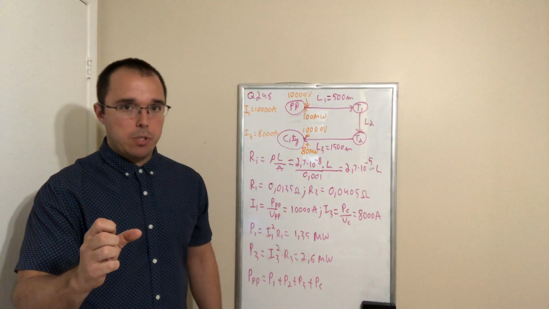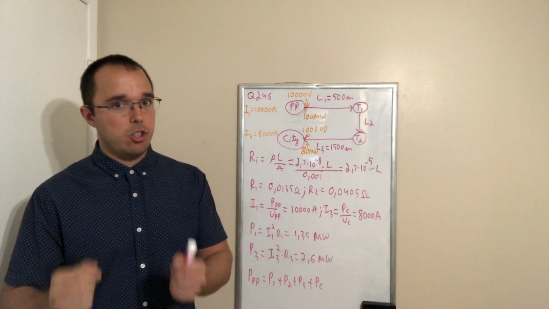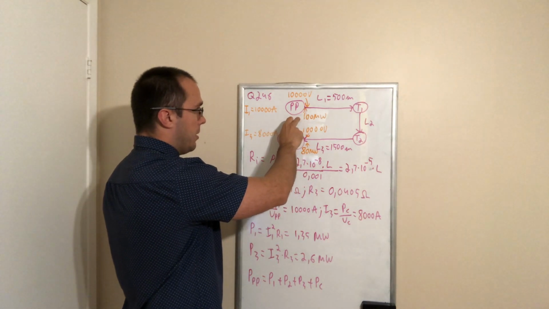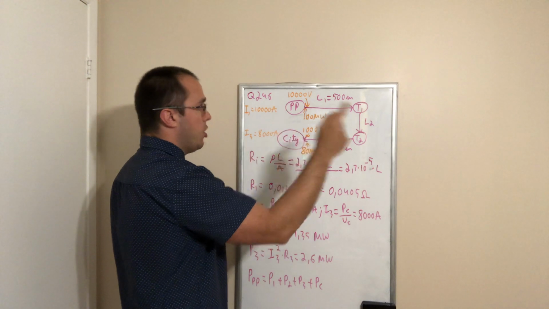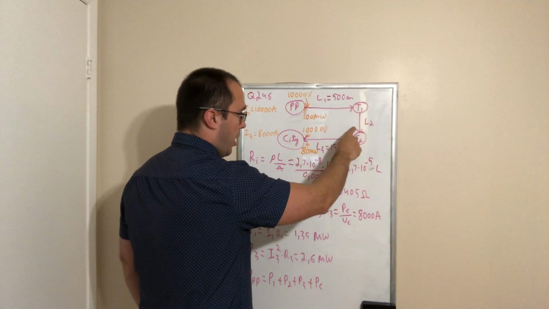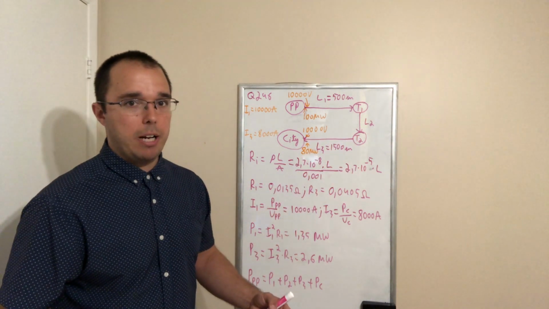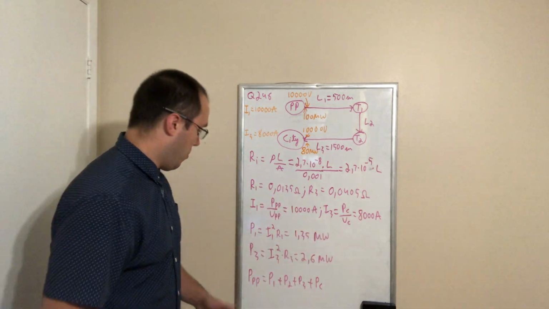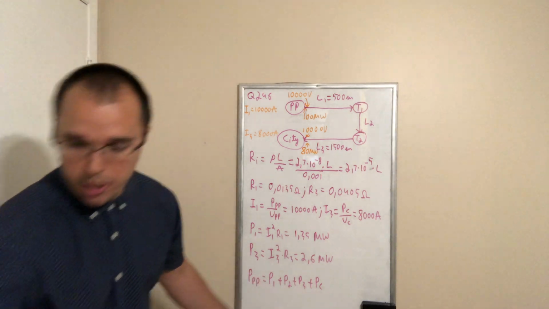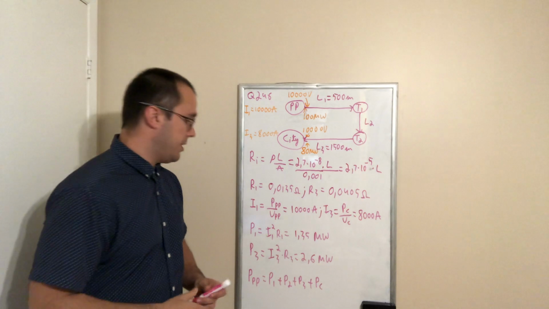All right, so one thing we need to mention here. All the energy produced is coming from the power plant, and energy in the universe is conserved. So the energy produced by the power plant is equal to the power loss in the first wire, plus the power loss in the second wire, plus the power loss in the third wire, plus the energy consumed by the city. Everything evens out. So the power of the power plant is equal to P1 plus P2 plus P3 plus PC, where PC is the power consumed by the city.